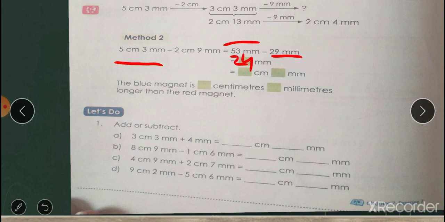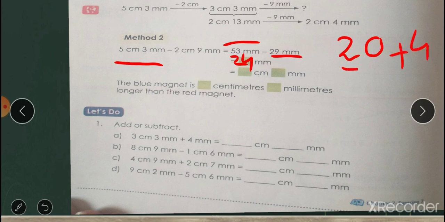Now the next thing we are going to do is convert millimeters into centimeters again. So here we have 24 millimeters. You can see that there are 2 tens and 4 ones.